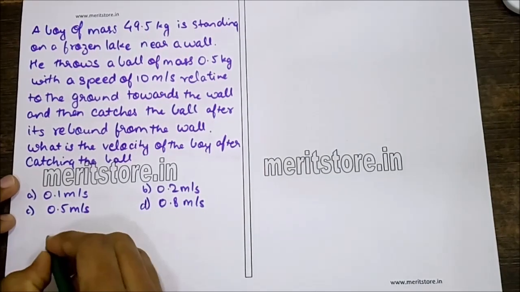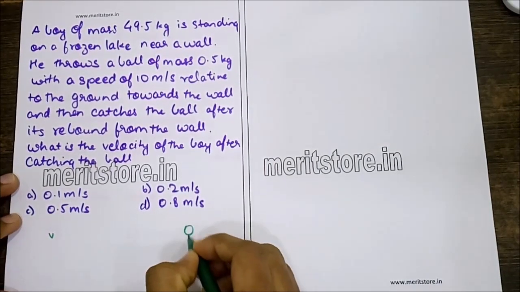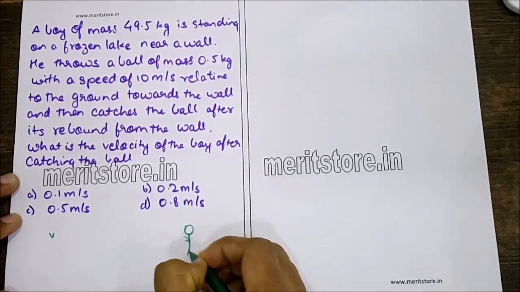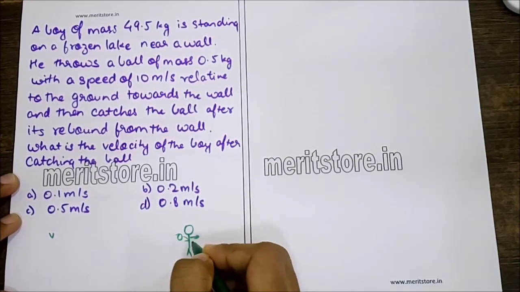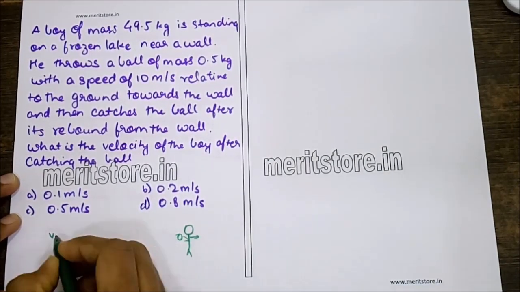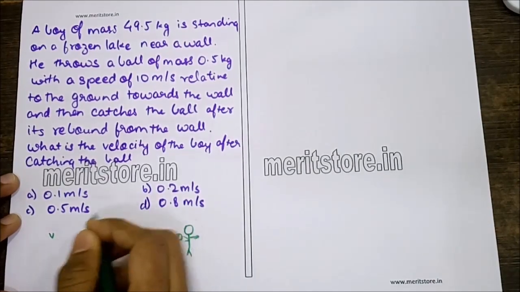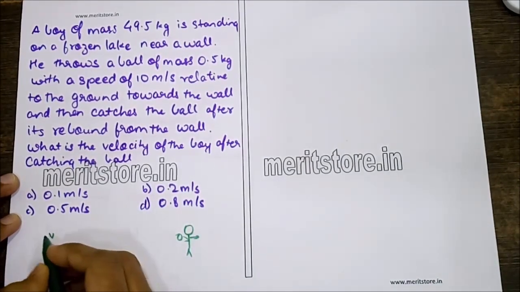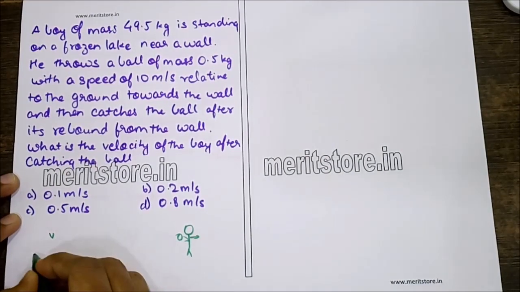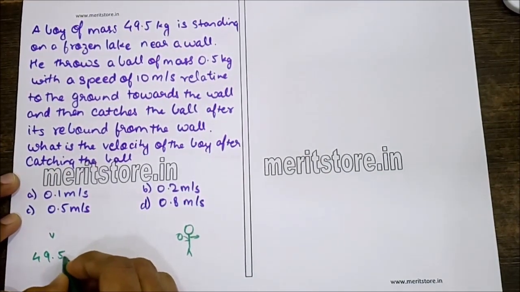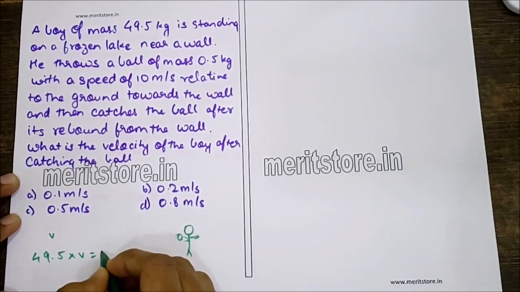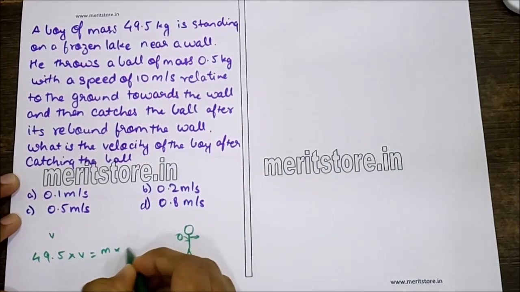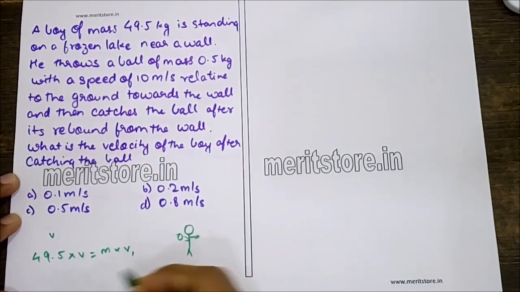Let v be the backward velocity experienced by the boy when he throws the ball, similar to the recoil of a gun. So according to linear momentum conservation, 49.5 into the velocity of recoil is equal to mass of the ball into velocity of the ball.